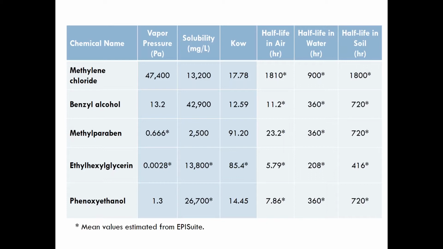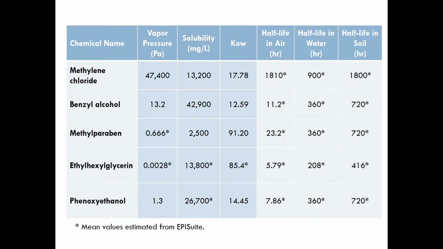We can see, for example, that methylene chloride, as we saw yesterday, is a very volatile compound, whereas benzyl alcohol is a lot less. These are even less, so these are unlikely to be significant in indoor air, even though you're using them in a confined space like the shower. So it's not going to be a significant exposure, but you could put that into our indoor air model just to see whether the indoor inhalation exposure would be significant.